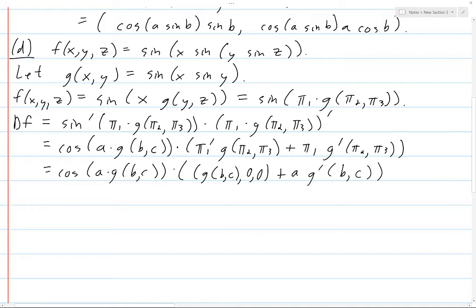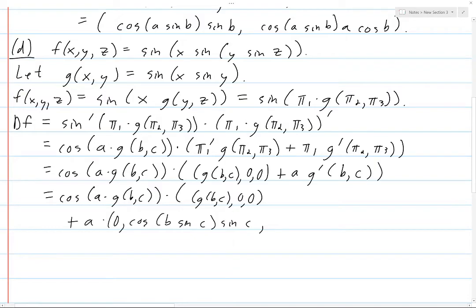So it's a times cosine of b sine c, comma, oh wait, no, we had that 0. 0, comma, cosine of b sine c, comma, cosine of b sine c, b cosine c. Alright.